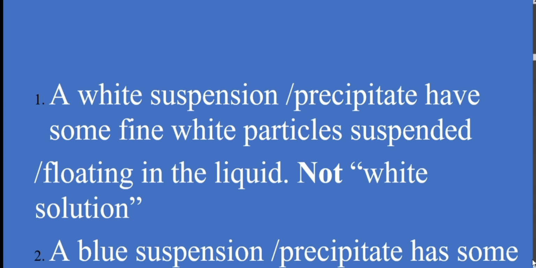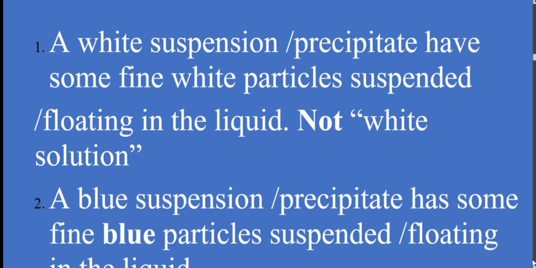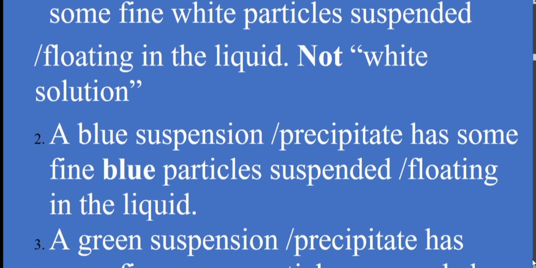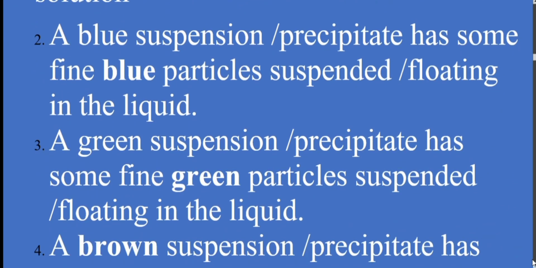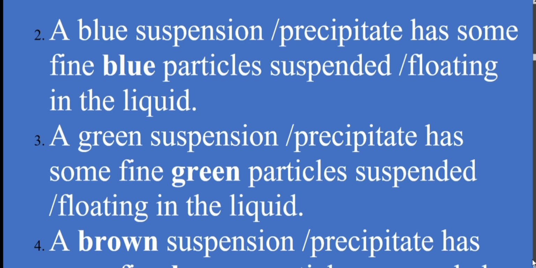We just call it a white suspension or a white precipitate. So it is a blue precipitate, not a blue solution, or a green precipitate, not a green solution, because some of the particles have settled at the bottom while some are floating on the top.